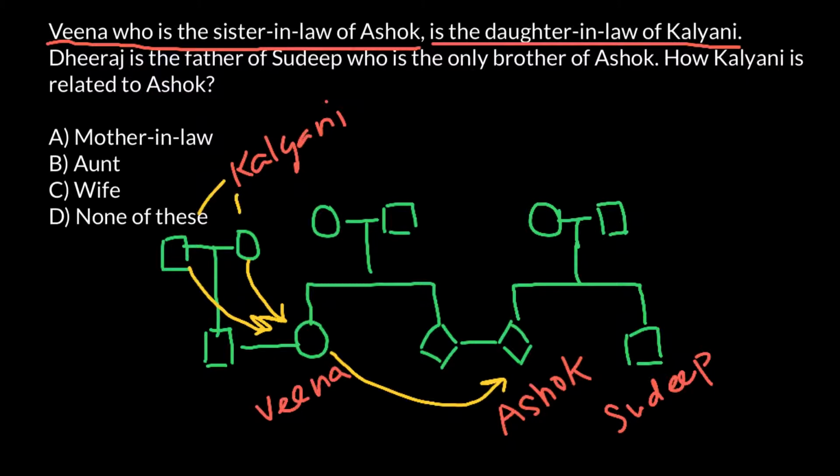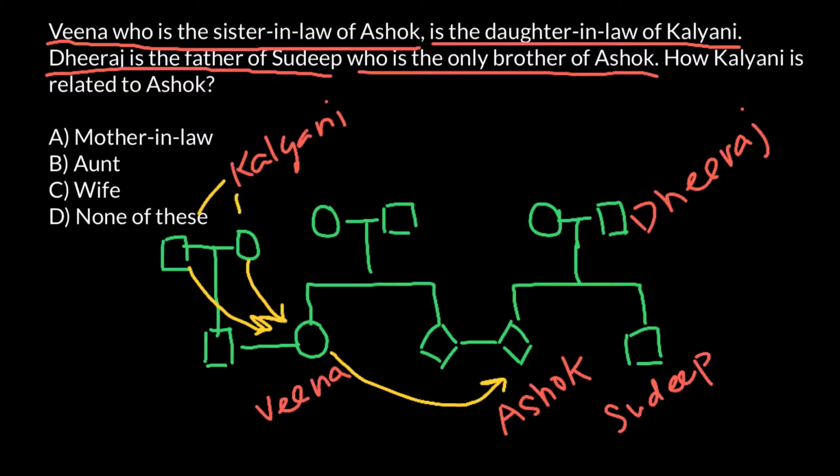So now let's continue. Dhiraj is the father of Sudip. So now we can put Dhiraj here. He is the father of Sudip, who is the only brother of Ashok.